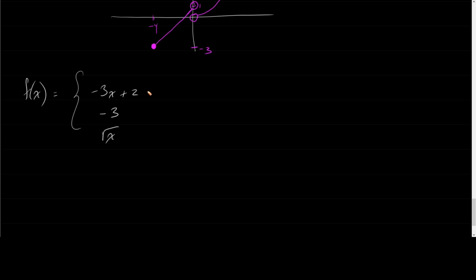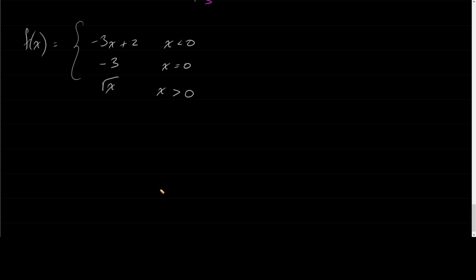And we're going to do this for x being less than 0, for x being equal to 0, and for x being greater than 0. So again, we're going to look at each of these separately, and then we'll look at them all together so that we can figure out what this might look like.